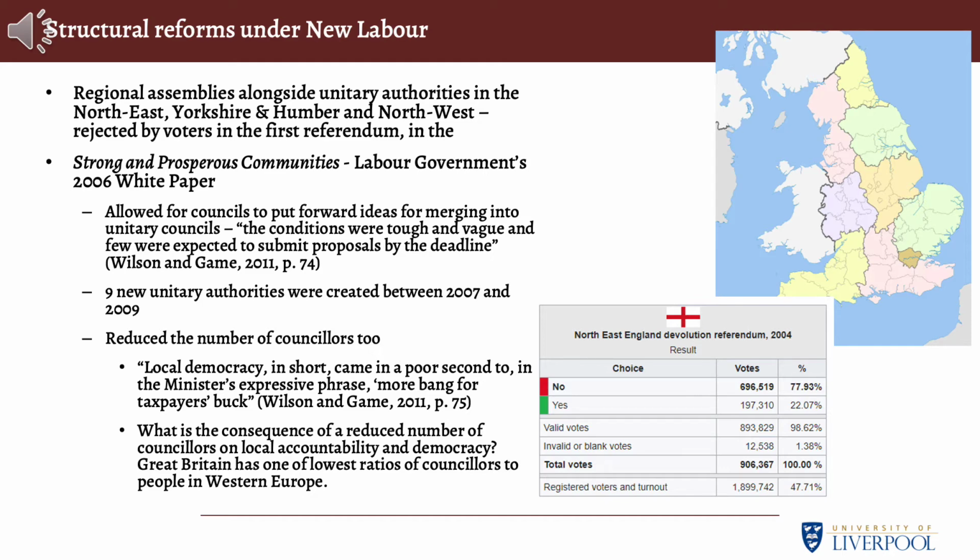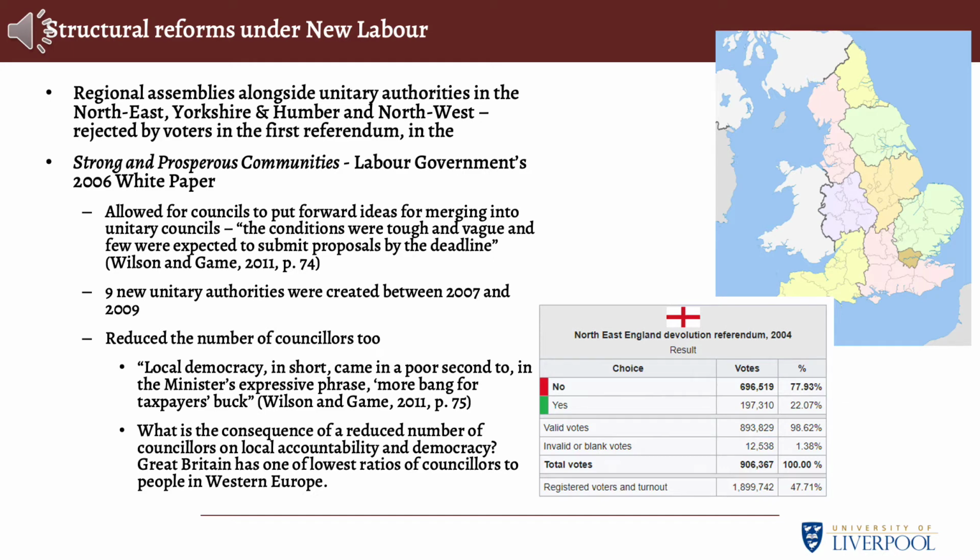Essentially, you're asking people to give up some time for an allowance to do more work than previously was the case. And so, at least for Wilson and Game anyway, they argue that local democracy came a poor second to trying to get efficiency from public finances.